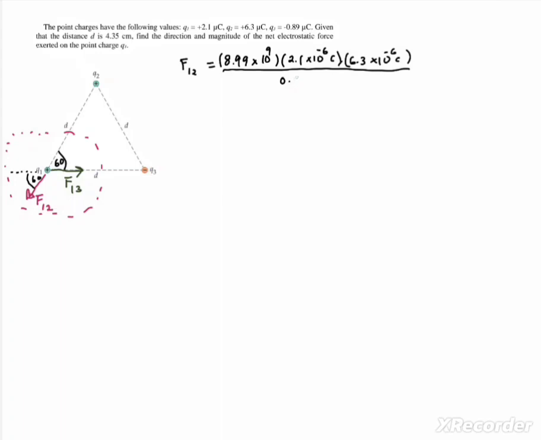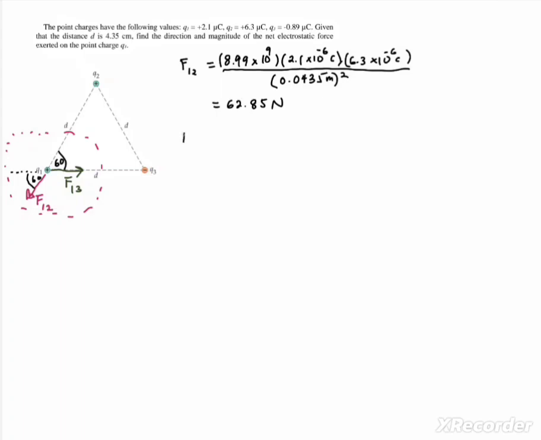That gives you 0.435, and that is squared, and this is in meters. And that is about 62.85 newtons. So this is the magnitude, how big this number is in newtons: 62.85.